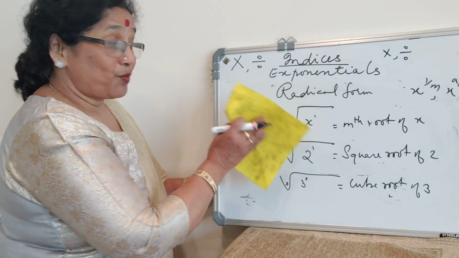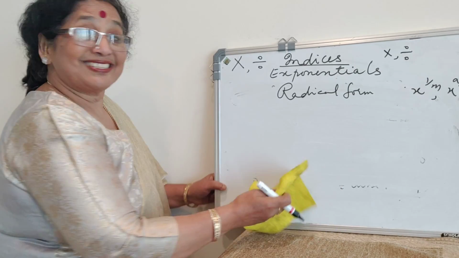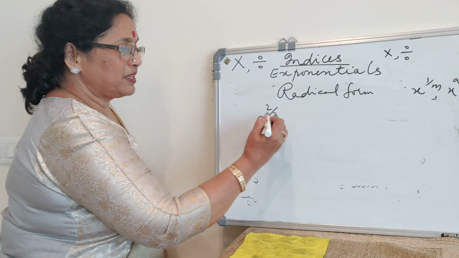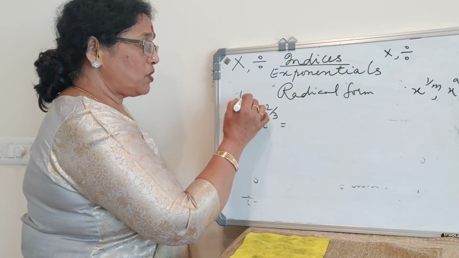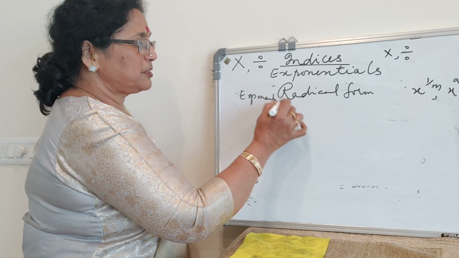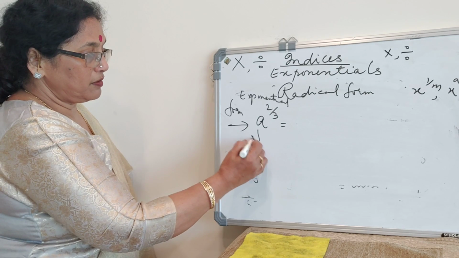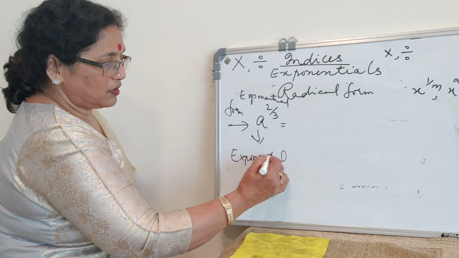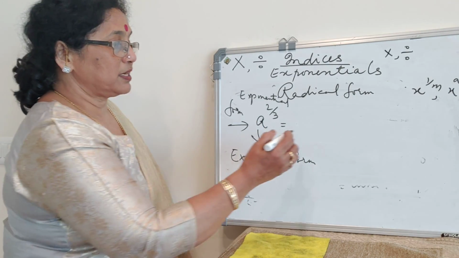Now you will wonder what happens if there's not 1 in the numerator, but some other number. A to the power of 2 by 3. No problem. This is called exponential form, where the base is A and the index is 2 by 3.